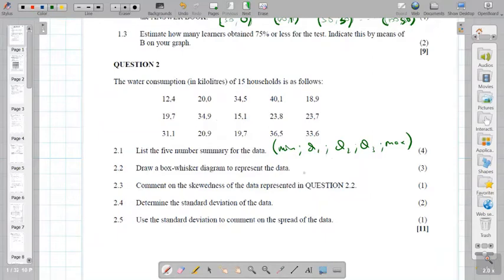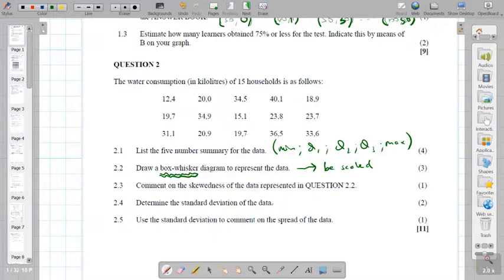And then depending on those values, we will draw a box and whisker diagram. Just be careful, it must be scaled. Let me write it, be scaled, because you may be having comments on it. Actually, yes. The next question is asking us for a comment. So if your scale is wrong, then your comment may end up a wrong answer. Okay.